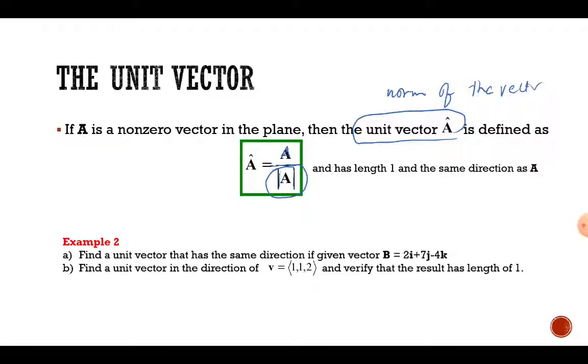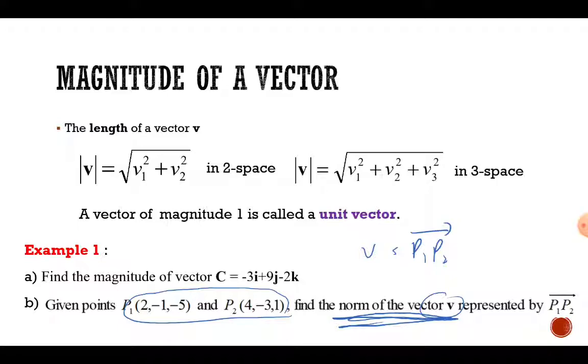Back to this example, we want to find the norm of the vector, or the unit vector. We need to find first, as I said earlier, vector P1, P2.